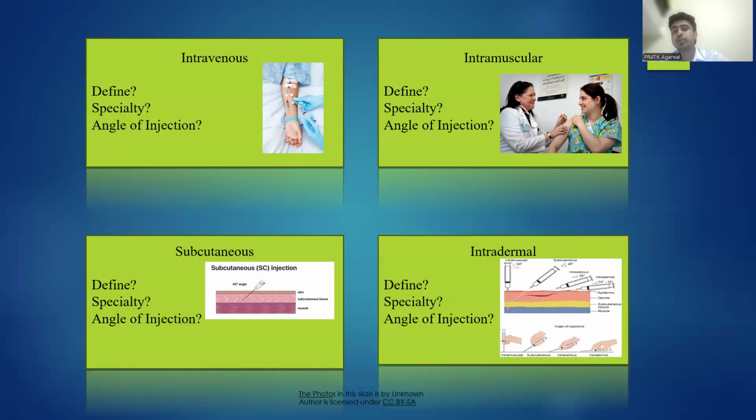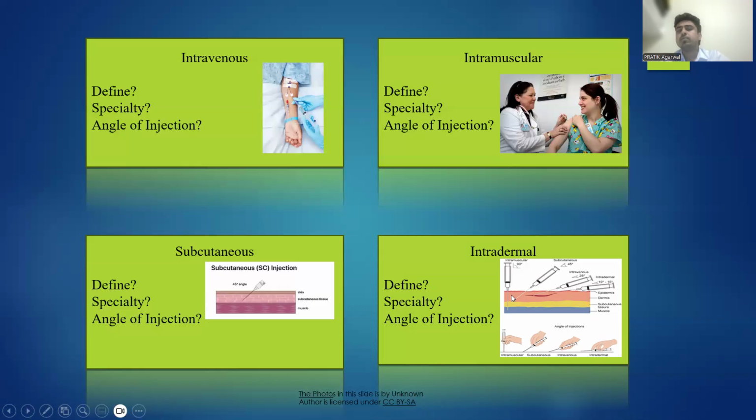And the last one is intradermal, with an angle of injection of 10 to 15 degrees. It's in the second layer, and most of the products used for desensitization, or to find out something inside the body, are introduced through the intradermal route. So intravenous, intramuscular and subcutaneous are mostly used for administering a drug; that's a drug administration route.